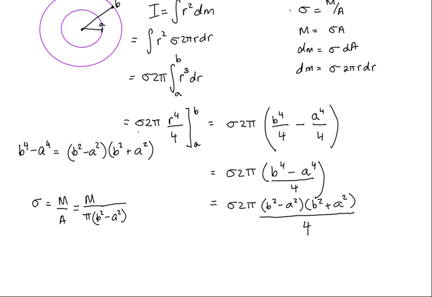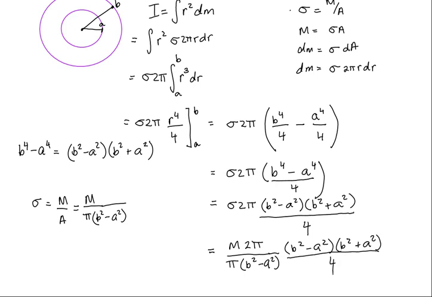Now I can substitute this expression for sigma back in here. So we have M times 2 pi over pi times B squared minus A squared, times B squared minus A squared times B squared plus A squared, and that will be over 4.